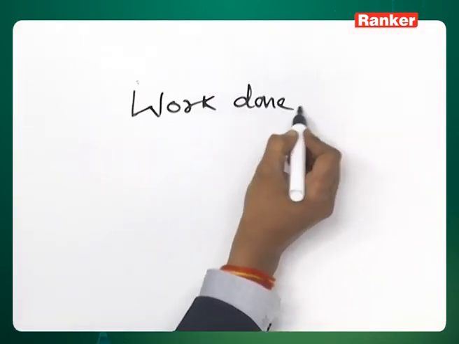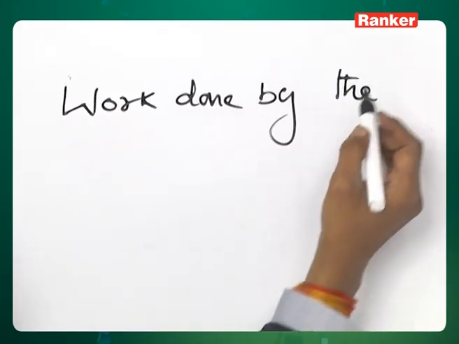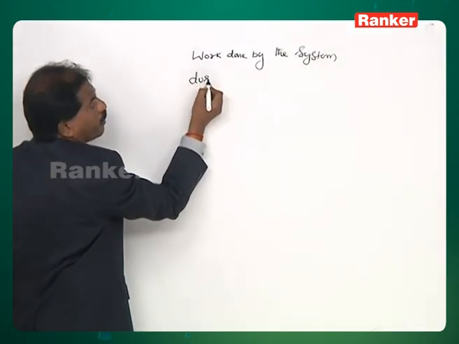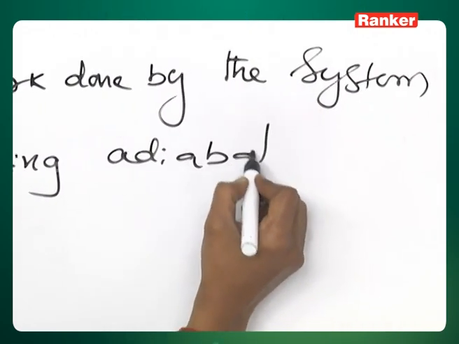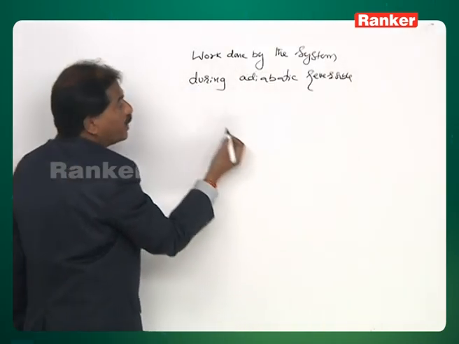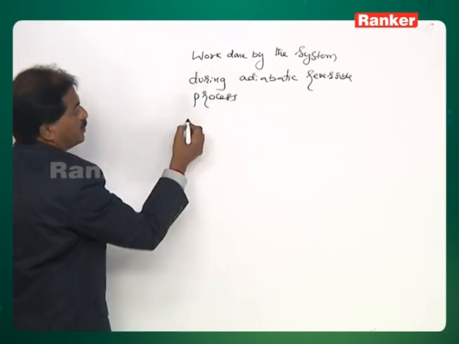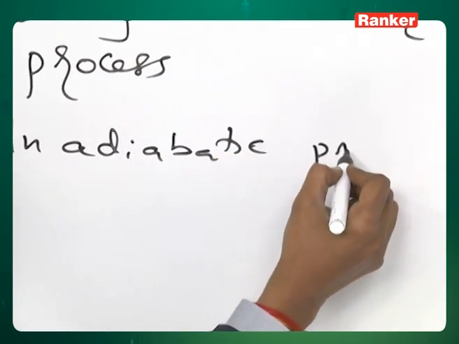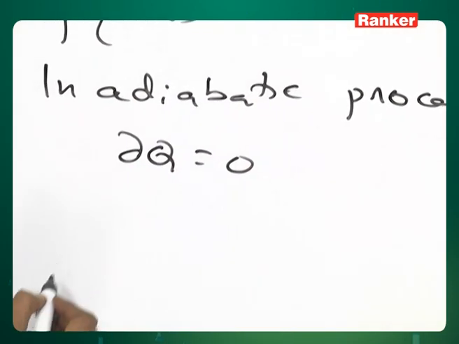Work done by the system during adiabatic reversible process. In adiabatic reversible process, dQ is equal to 0.